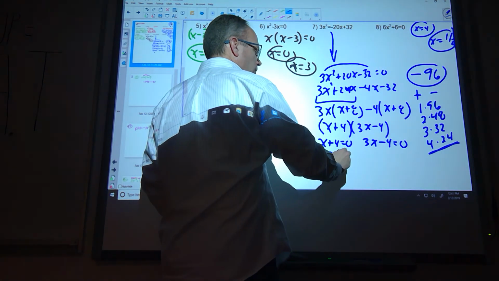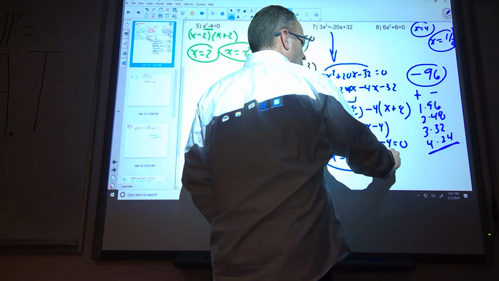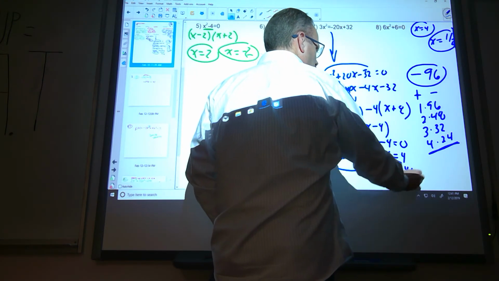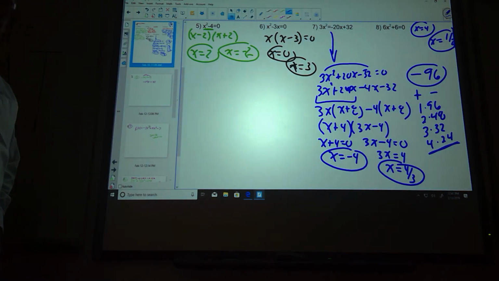So x equals -4. And let's see, add 4 to both sides. Divide by 3. Sometimes better to work those out a little bit longer so you don't make a little sign error. Seem okay?